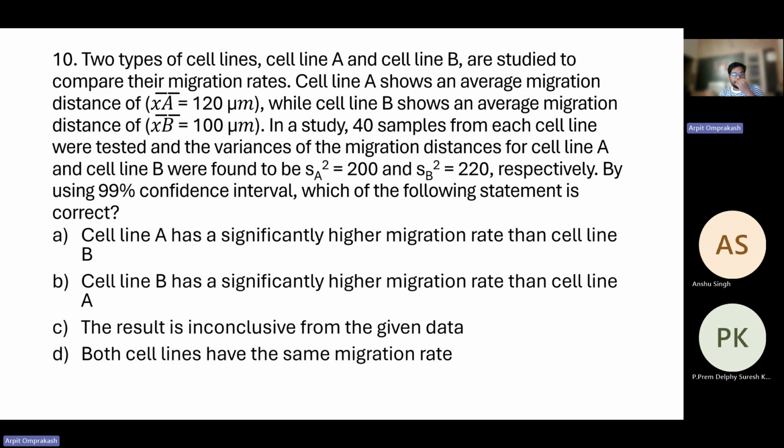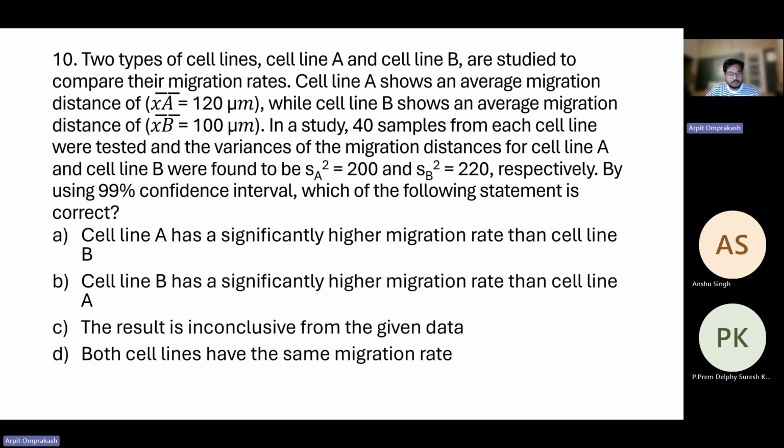In a study, 40 samples from each cell line were tested, and the variances of the migration distances for cell line A and cell line B were found to be 200 and 220 respectively. By using a 99% confidence interval, which of the following statements is correct?